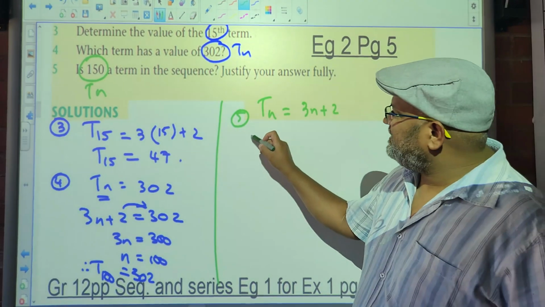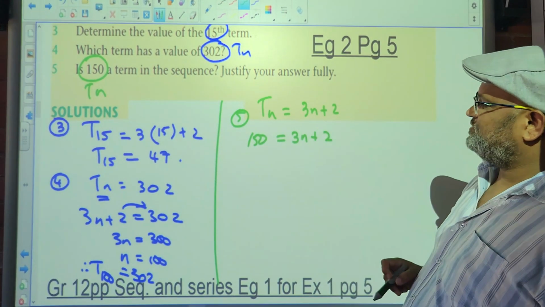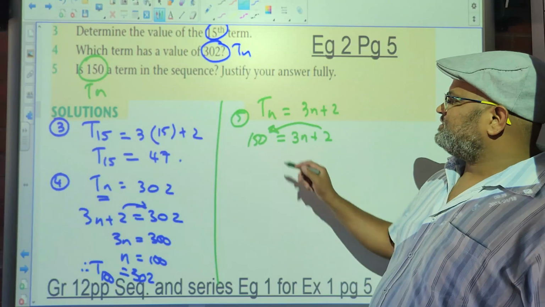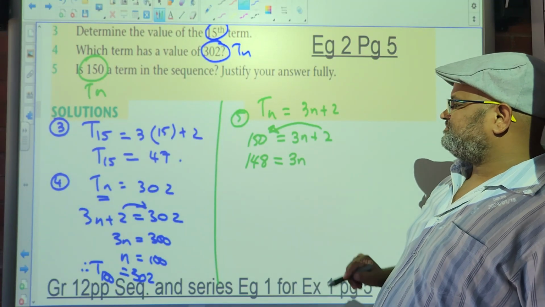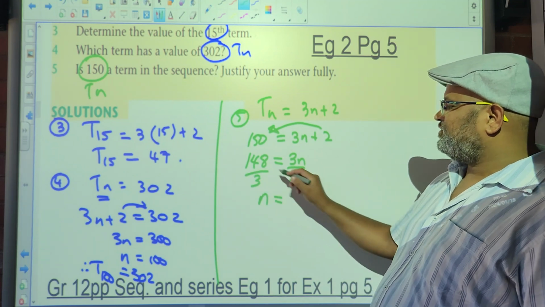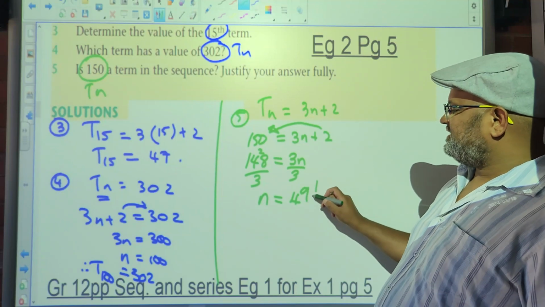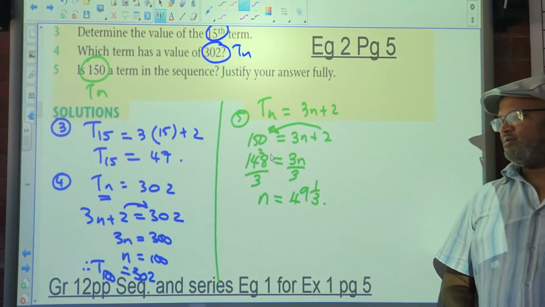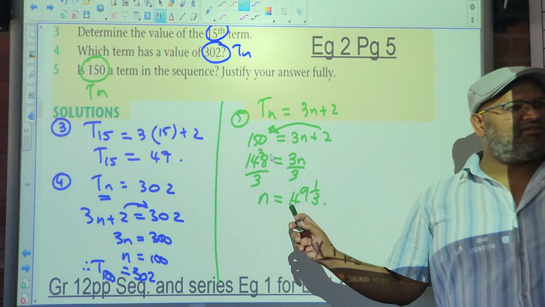Okay, so what do I now say? 150 is equal to 3n plus 2. If I take 2 over the equal sign, it becomes 148 is equal to 3n. Divide by 3 both sides, so n is equal to 49.33 recurring. Can that be an answer to your solution?